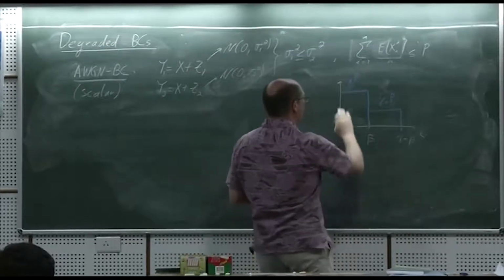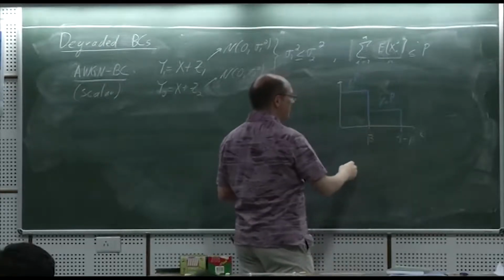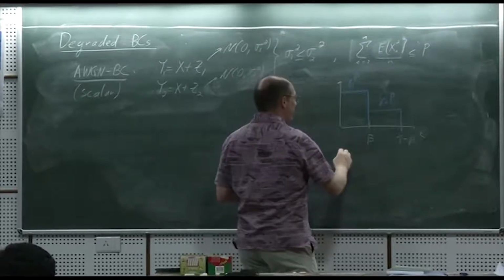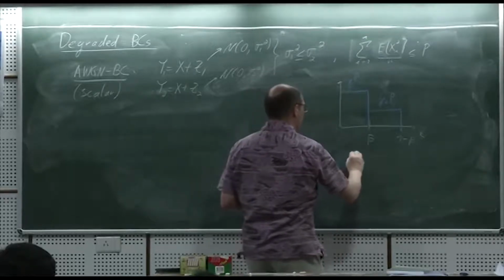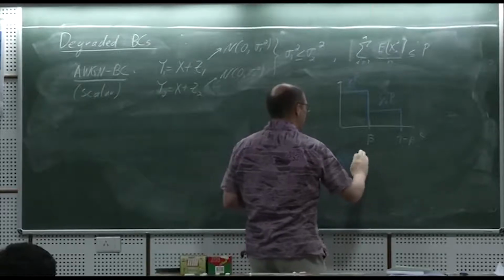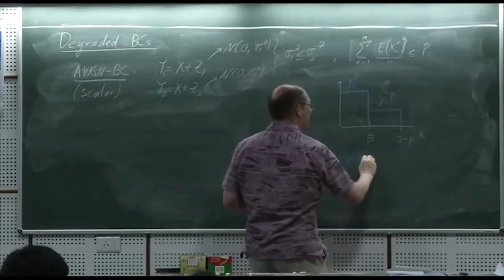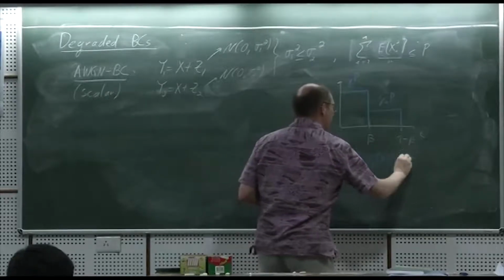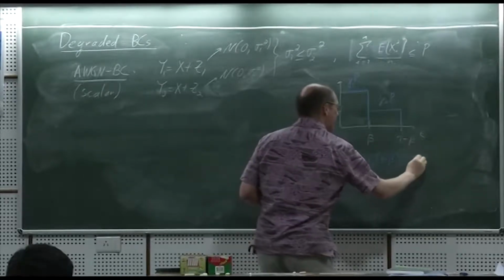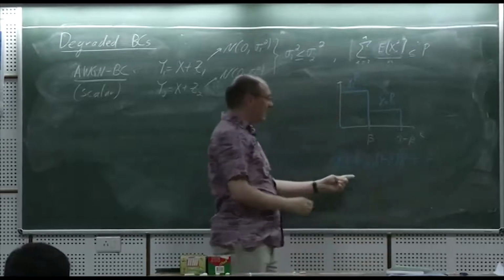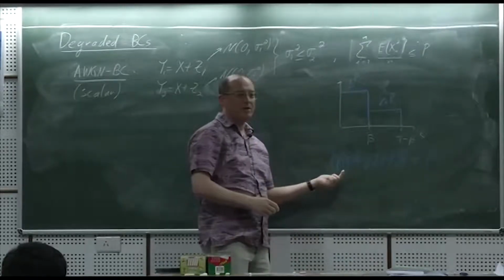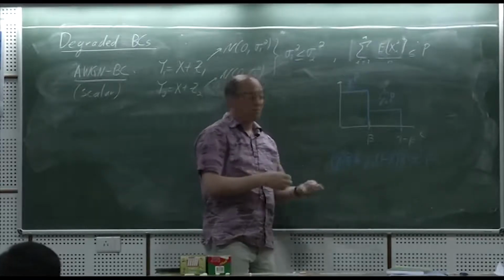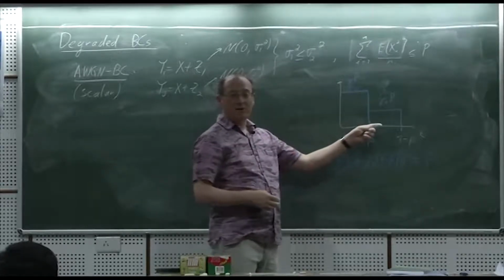What I need is that gamma 1 beta p plus gamma 2 (1 minus beta) p has to equal p, right? And I can optimize over my gamma 1, gamma 2, and beta. So I still have some room to play. I'm not always sending with the same power.